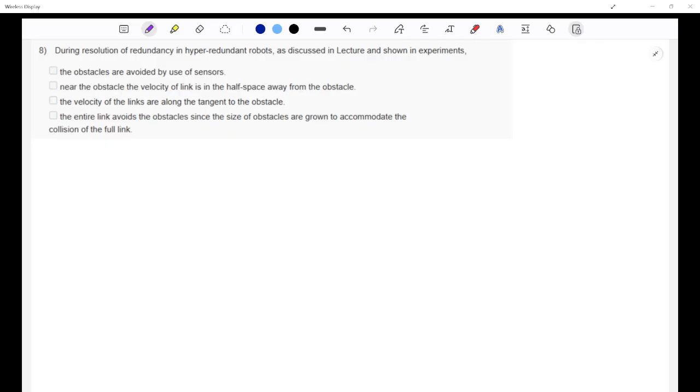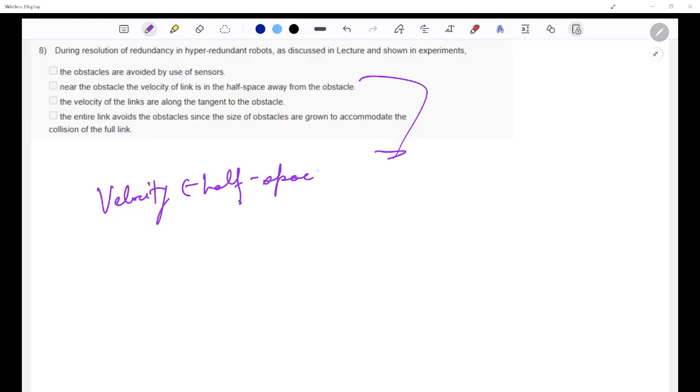For example, so basically, one of the things that you might remember is that velocity belongs to the half space away from the obstacle. This means that velocity must not point towards the obstacle.